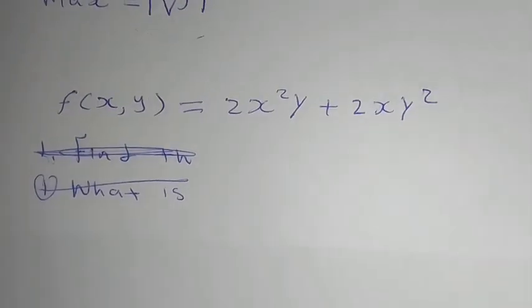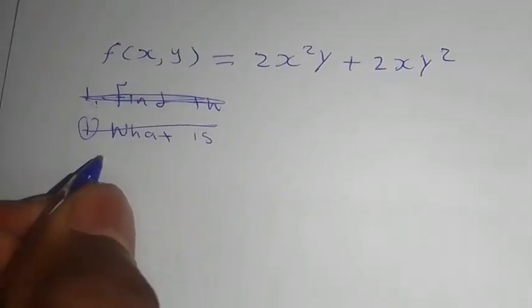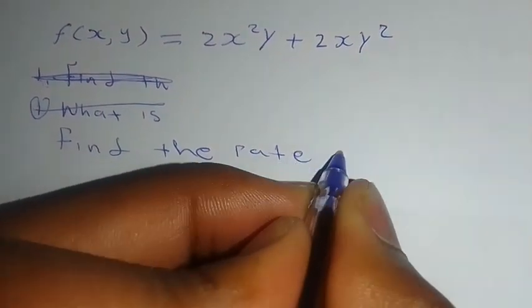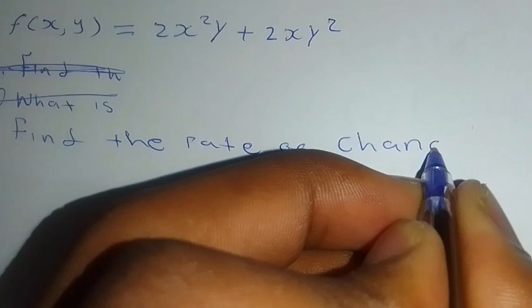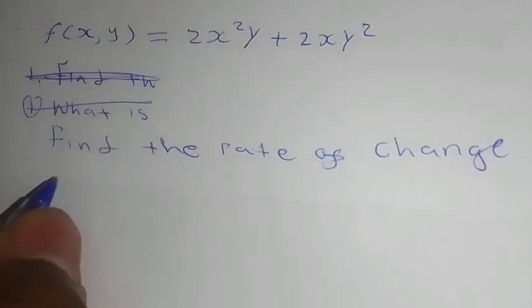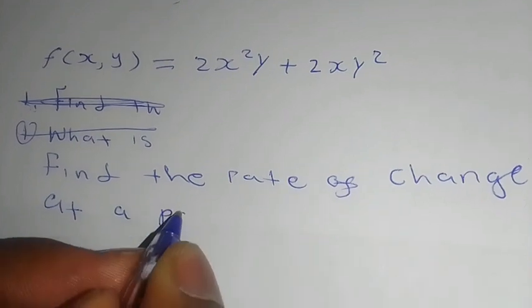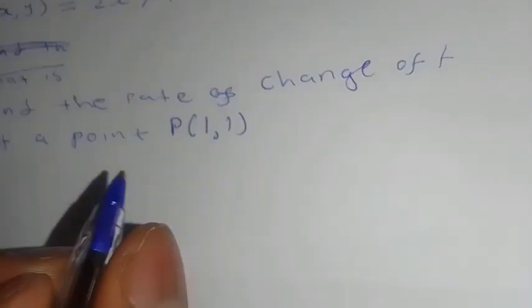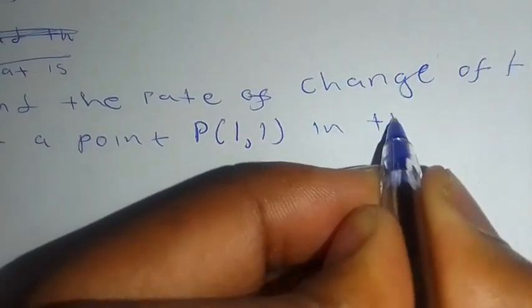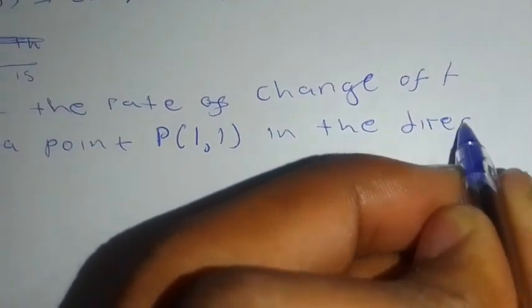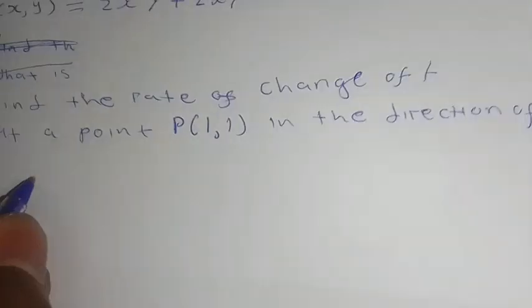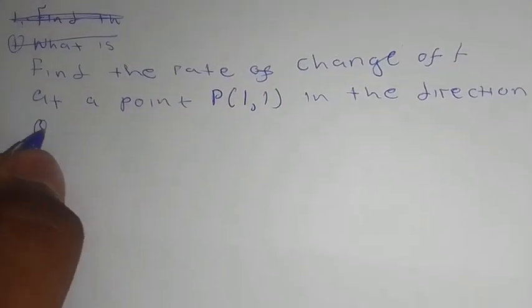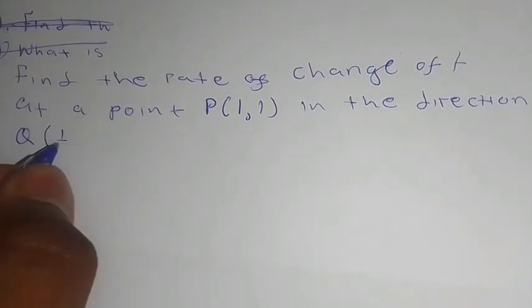Okay, so let's go back. Find the rate of change of f at the point P(1, 1) in the direction of Q, and let's pick the point Q(1/2, 1).